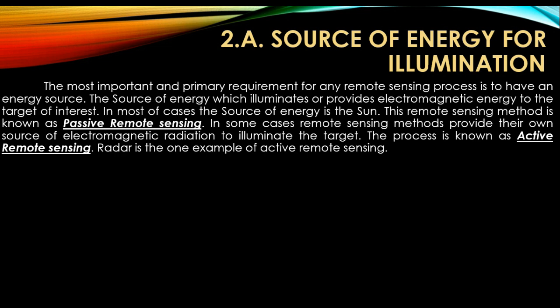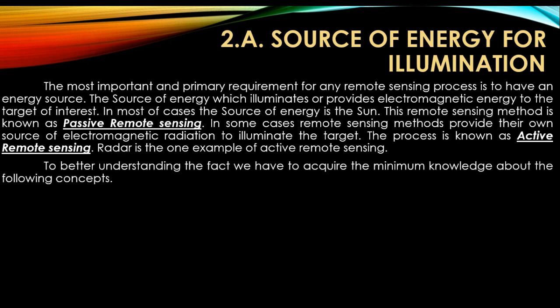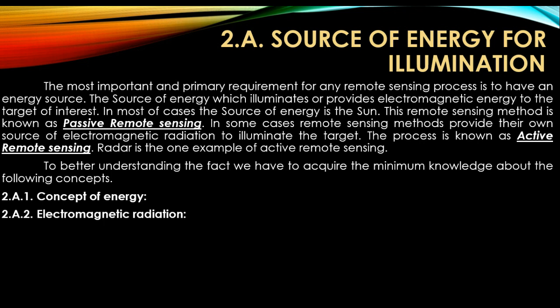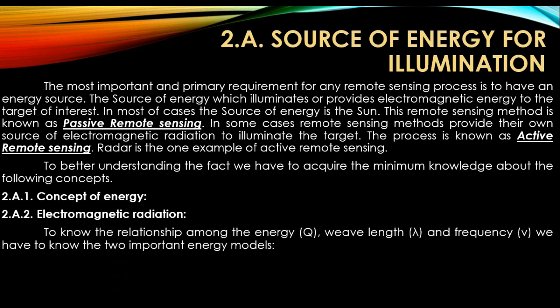To better understand this, we have to acquire minimum knowledge about the following concepts: energy and electromagnetic radiation. To know the relationship among energy, wavelength and frequency, we have to know two important models. One is the wave model of energy and the second is the particle model of energy.